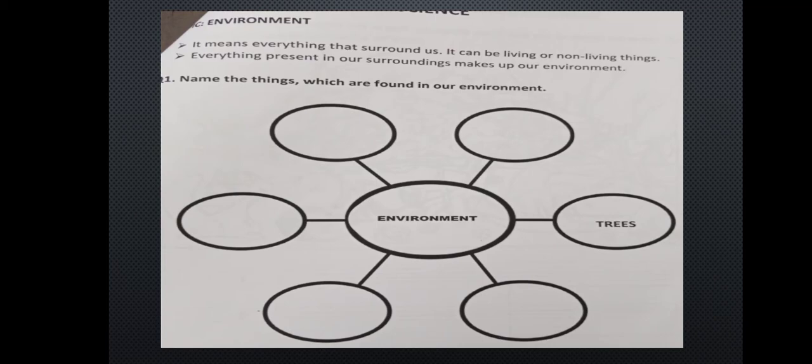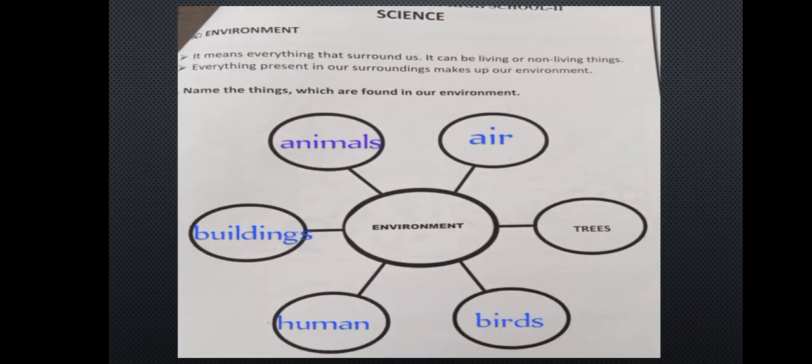Number one, trees, is already written for you, so you just have to write five more things. These are some of the examples: air, animals, buildings, human beings, and birds. You can write any of your own choice.